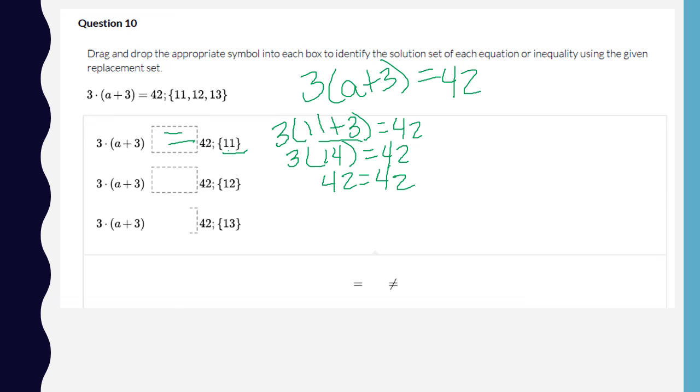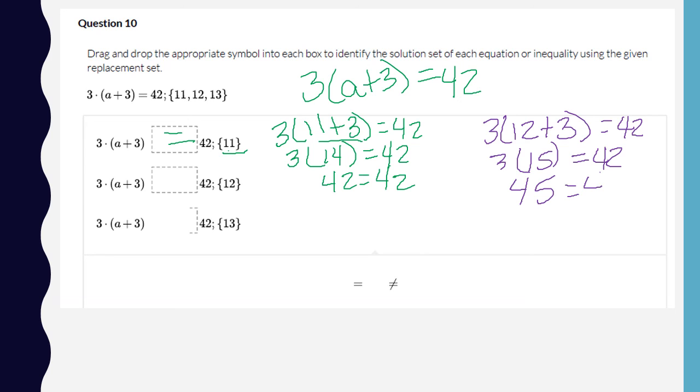I'm going to do the same thing for the next one, but I'm going to plug in 12. So 12 plus 3 is 15. 3 times 15 is 45. And 45 does not equal 42.